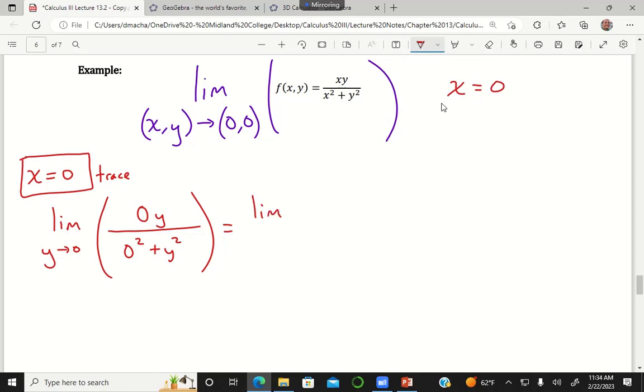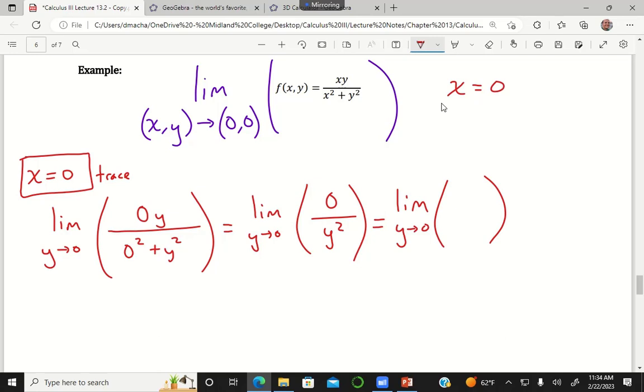So this is the limit as y approaches 0 of 0 divided by y squared. Which is actually an indeterminate form, right? So 0 over 0 gives me an indeterminate form. So that means I can use L'Hopital's rule. And L'Hopital's rule says take the same limit, but derivative of numerator, derivative of denominator.